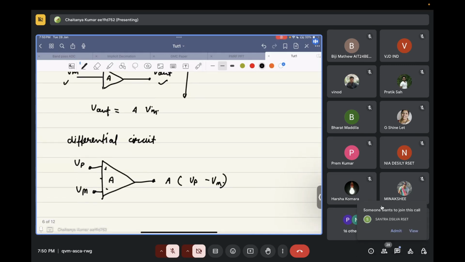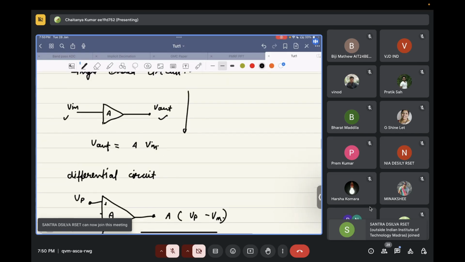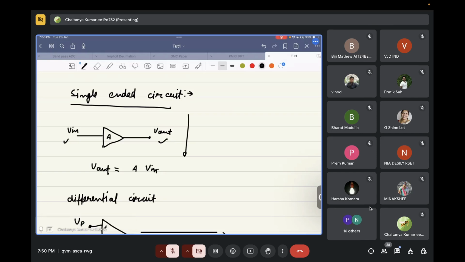Now, where is this differential circuit used? What is the problem or the issue with the single-ended circuit? Any voltage applied to the input, absolute voltage doesn't make sense. Voltage is always considered with respect to some ground.